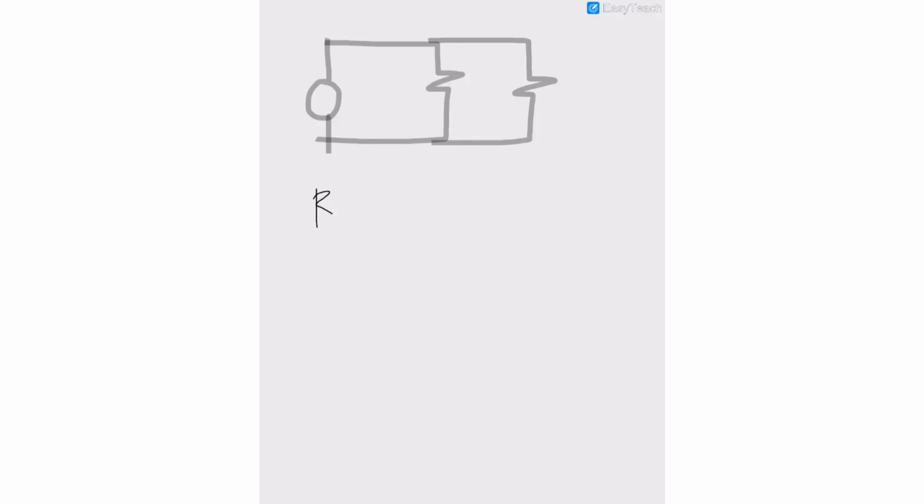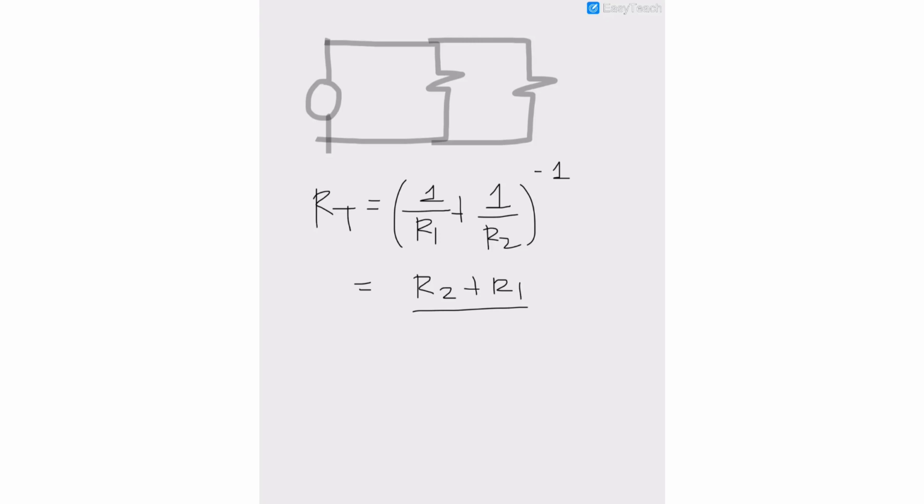So R total is equal to 1 over R1 plus 1 over R2, to the negative 1, which is also equal to, when we cross multiply, R2 plus R1 all divided by R1 R2, and this is inverted.